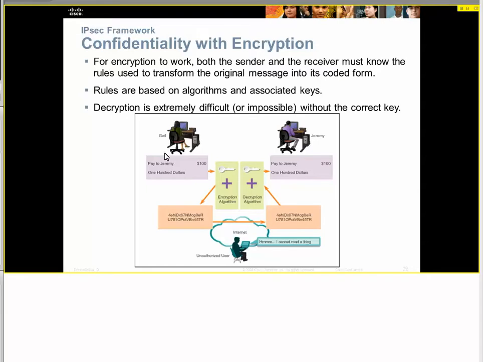But there are several ways of setting up an encryption key. The rules of the keys are what makes the type of keys. So without a key, you don't decrypt. Now, obviously, the better the algorithm and the more complex the key, the harder it's going to be to decrypt.